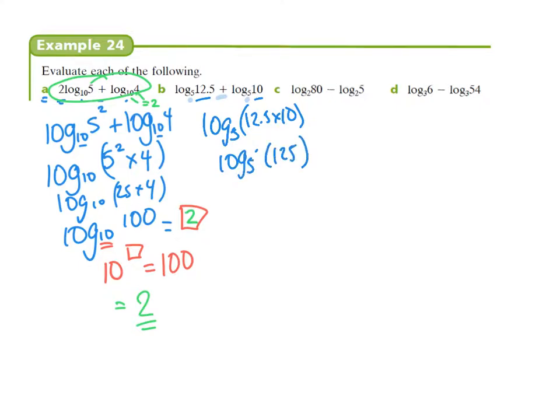Once again, we can eyeball this one and look for the power, which raises 5 up to give 125. That equals 3. So I've kind of used algebra there, but the answer to my entire thing is 3. So log 5, 12.5 plus log 5, 10 equals 3 together.